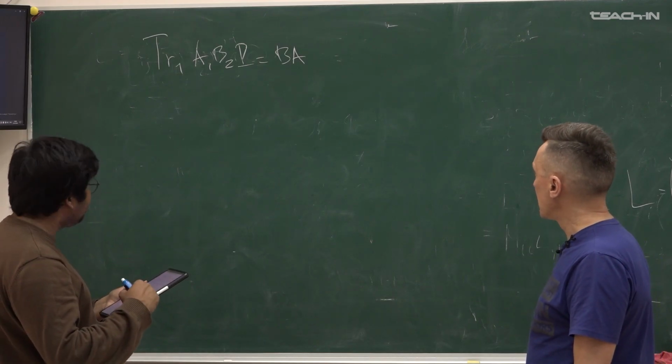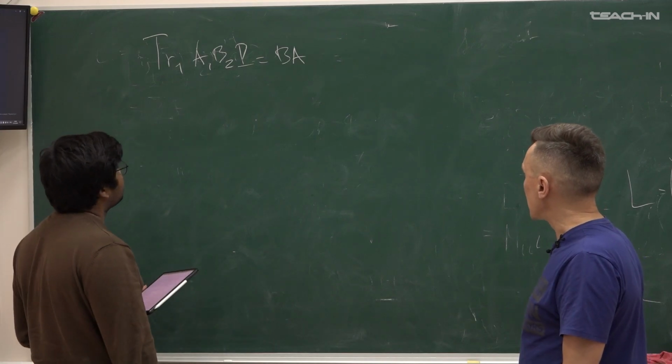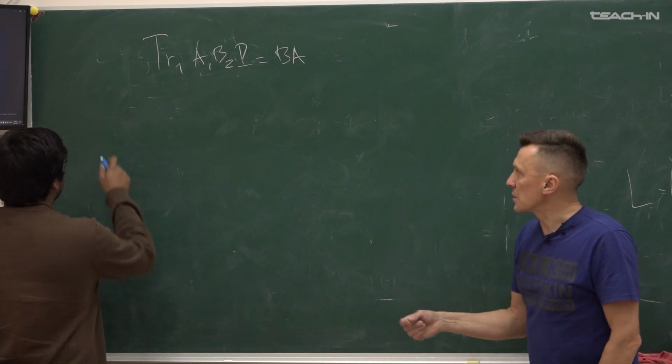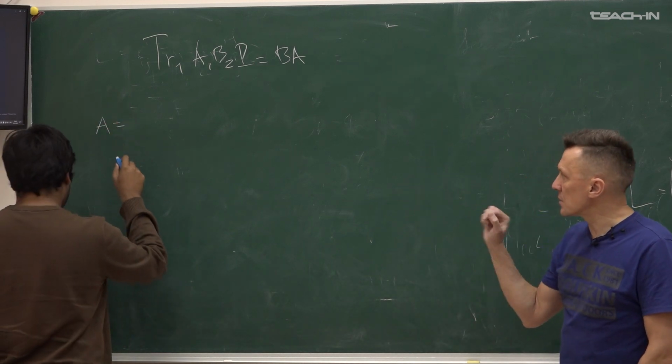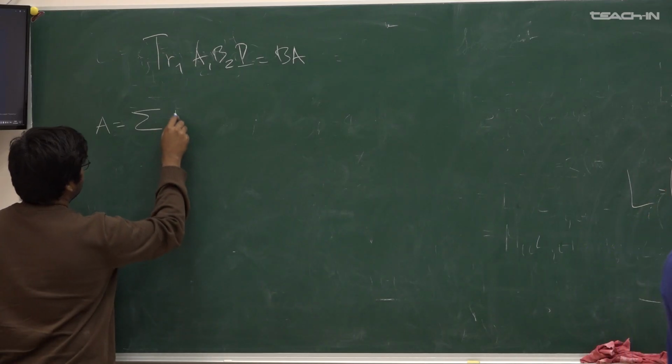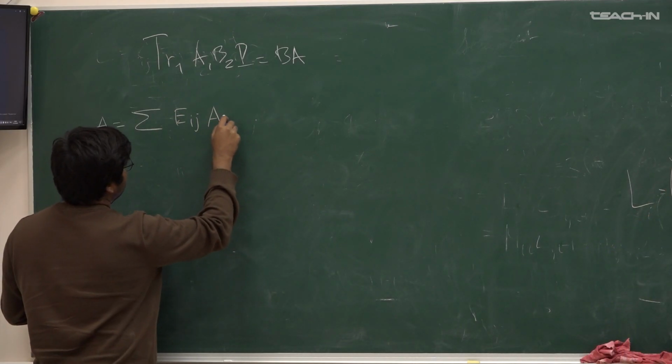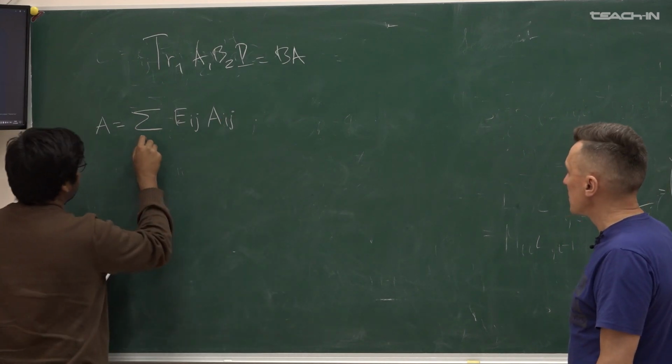Yes, so A and B are just some matrices. Let us write them in tensor representation as the sum of some matrix elements multiplied by some coefficients. It is the first step. Yeah, very good.